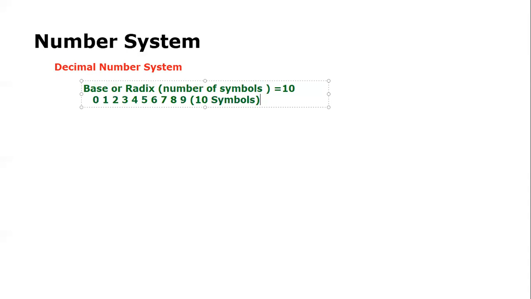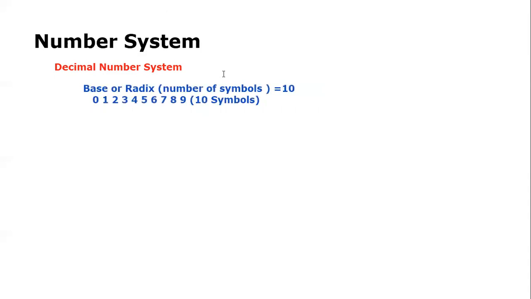Let me write an example of a number in the decimal number system that is familiar to everybody: 123. Every single digit in this example has its own weightage.